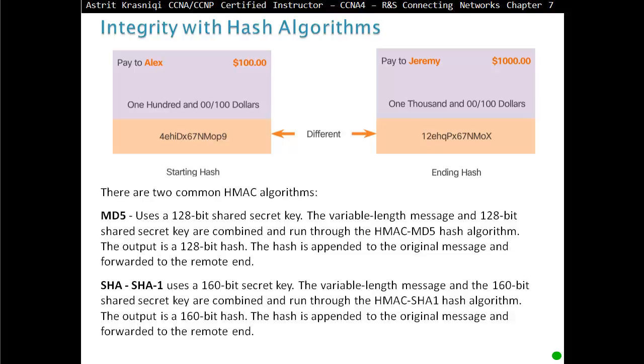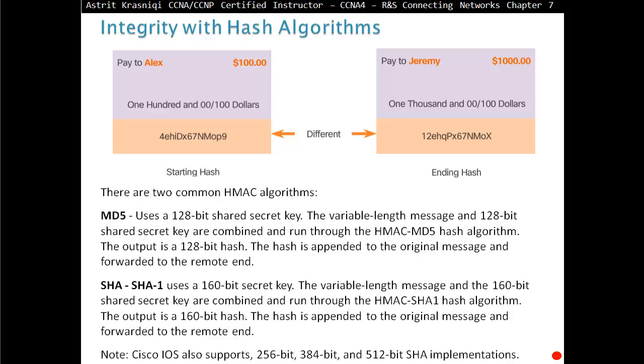Or we have SHA-1 that uses a 160-bit secret key. The variable length message and the 160-bit shared secret key are combined and run through the HMAC SHA-1 hash algorithm. The output is a 160-bit hash. The hash is appended to the original message and forwarded to the remote end.